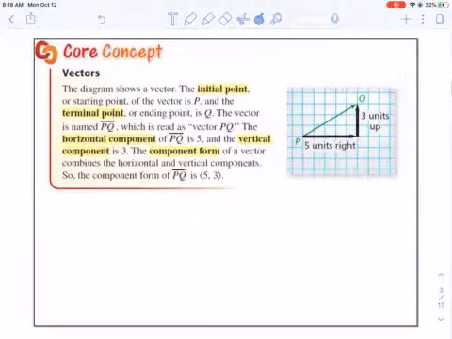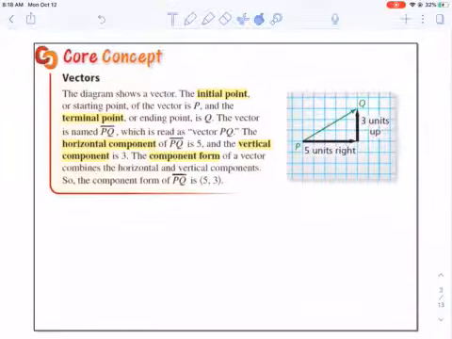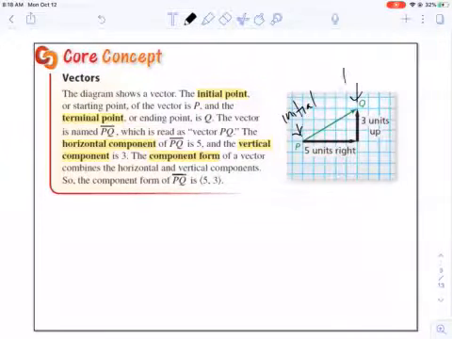The first thing we're going to talk about is vectors. So this picture right here is a vector. It's got an initial point, P. That's where it starts. And then it's got a terminal point here at Q, and that's where it stops.